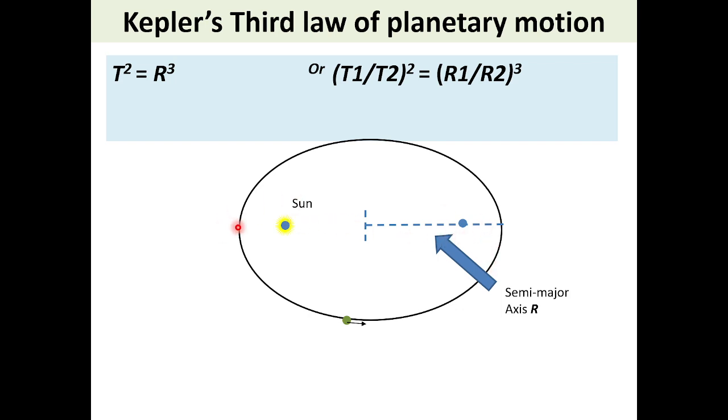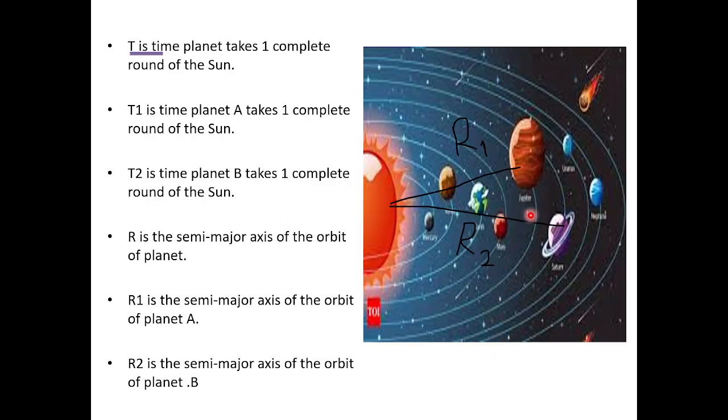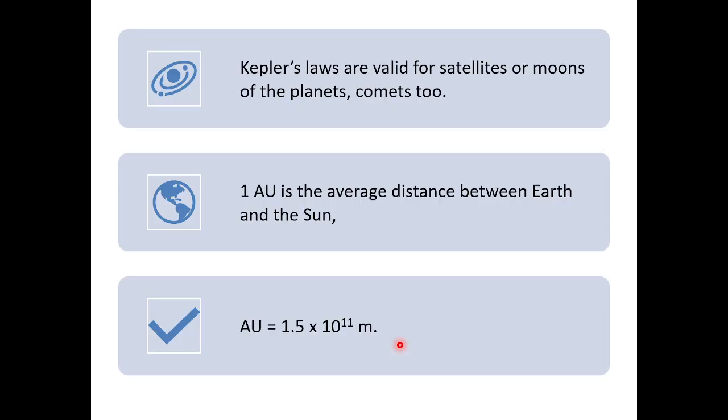When the planet comes here, the distance will be shorter. That's why we take this semi-major axis R, which is the average of all the distances throughout the period of the planet. So this R is usually the distance between the planet and the sun. Now, Kepler's laws are valid for satellites as well, moons as well, comets also.